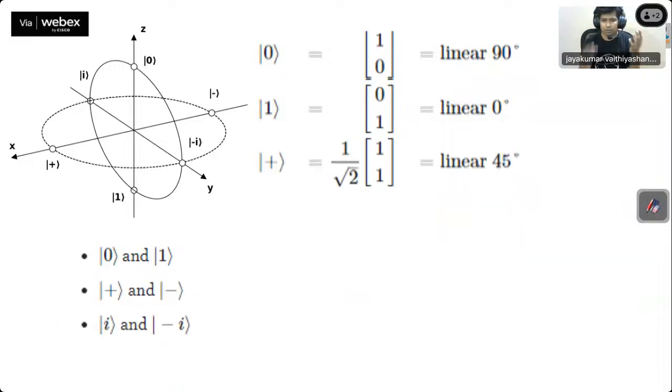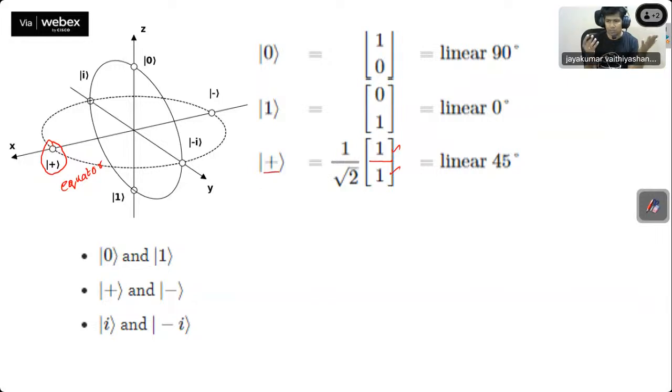Now look at the plus state. If you apply Hadamard from state 0, it will go to the equator. So look at the plus state. Where is it located? On the equator. What is the relationship between state 0 and state 1? It is in between. That is why both components will be 1 for the plus state.